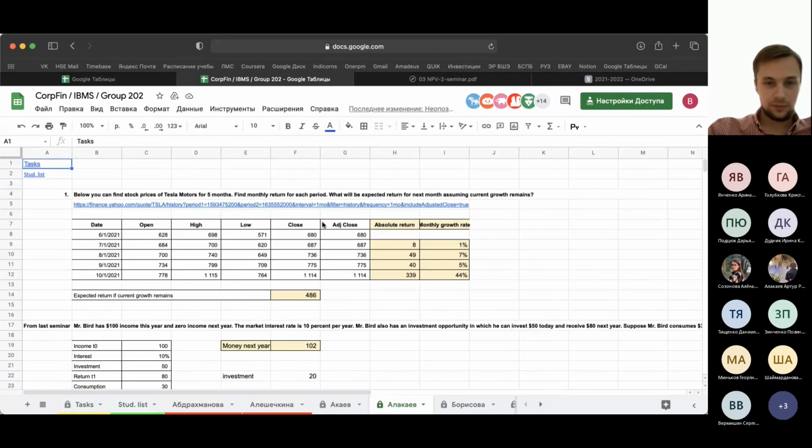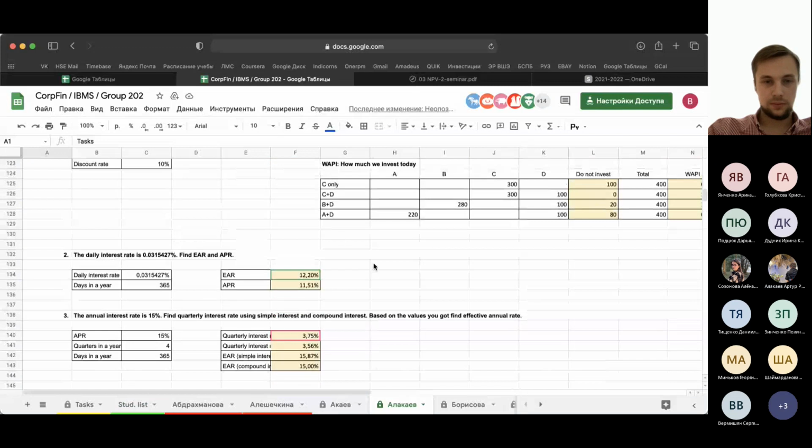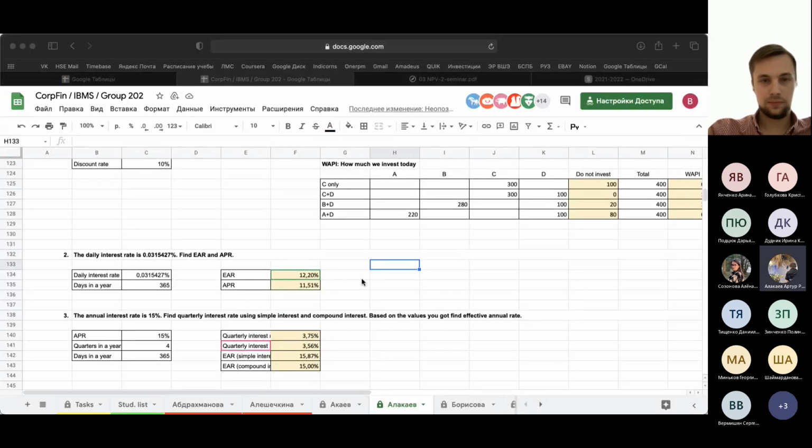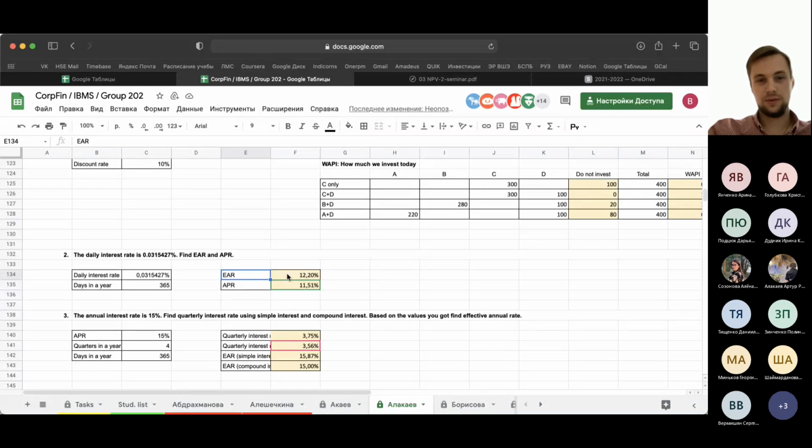Okay, Artur, let's find your list. To find the effective annual interest rate, we should raise our interest rate to the power of the number of periods, which is days in our example, and subtract 1 from the result. And what does this rate show us? Can you explain in your own words? This rate shows the annual rate computed using the compound method.